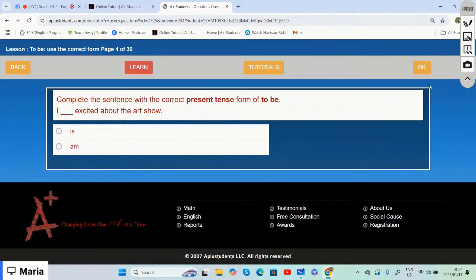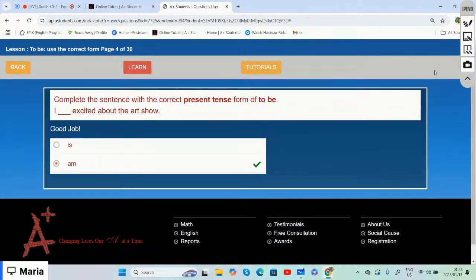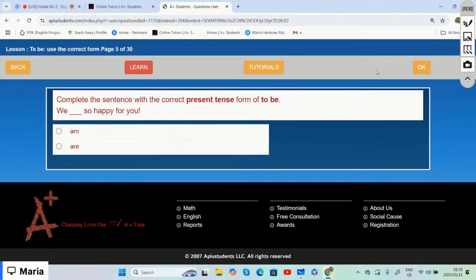And if we were to choose the correct option, we will say I am. Well done. Option two, I am excited about the art show. Well done. All right, let's do the last one.